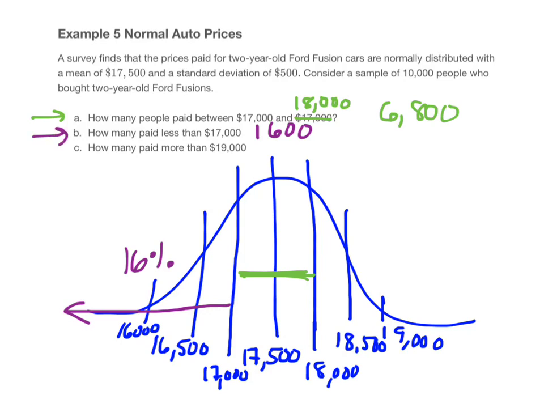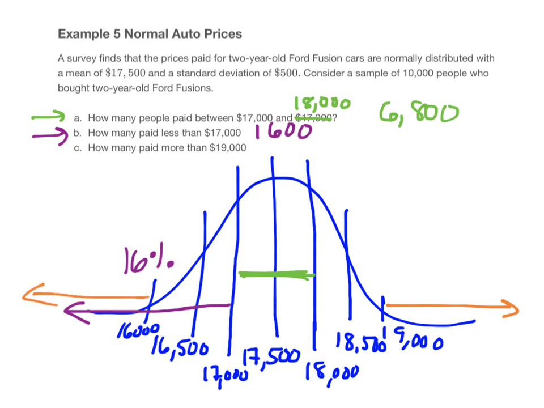Okay, and then finally, how many people paid more than 19,000? So that would be more than three standard deviations above the mean. All right, well, we know that 99.7% of people fall within 3 standard deviations, right, in here. So that means that 0.3% are either more than 3 or less than 3.